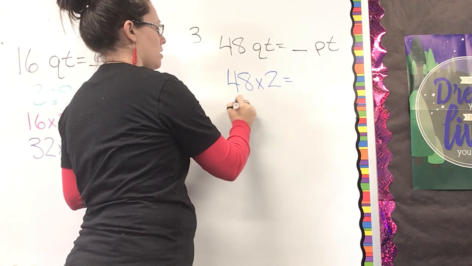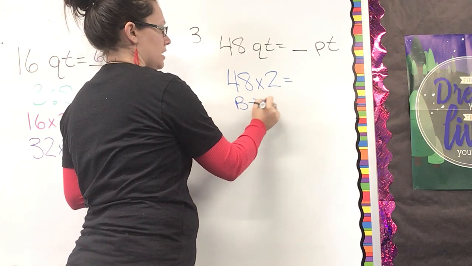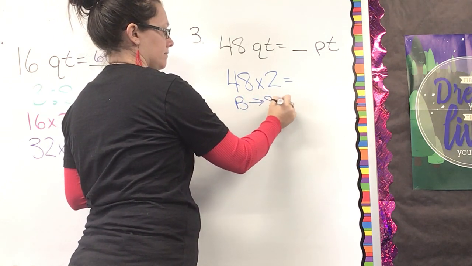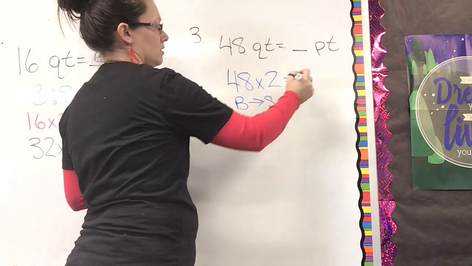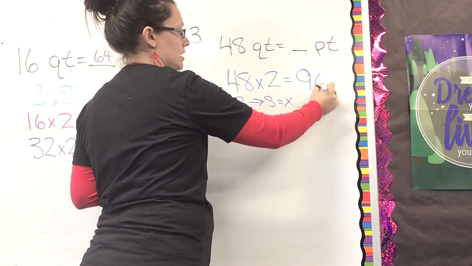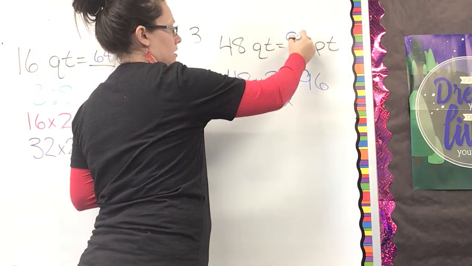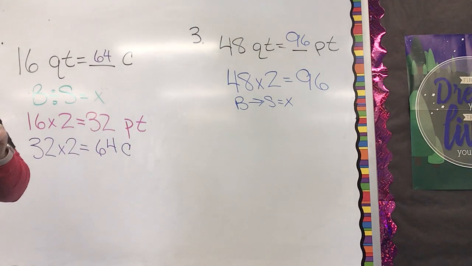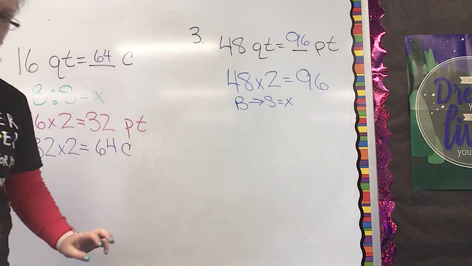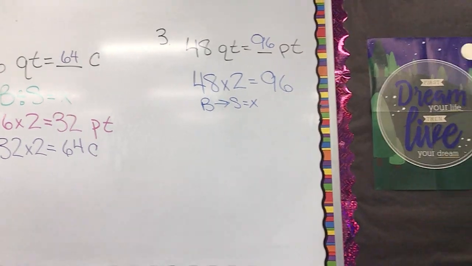We're going big to small. So that's why you multiply. Very nice. So what did you get when you did 48 times 2? 96. And was that our final answer? Yes. Very nice. So that one only took one step. They're not always going to be multiple steps.